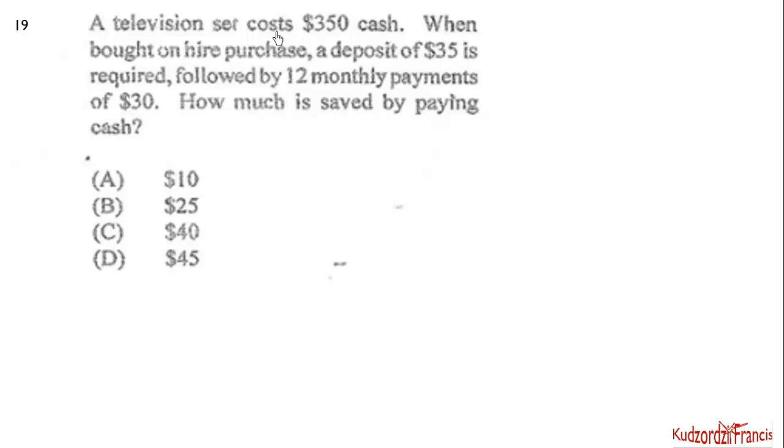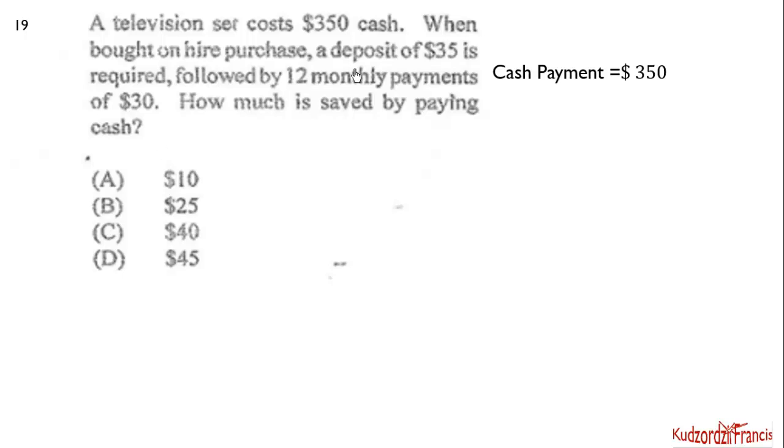A television set cost $350 cash. When bought on hire purchase, a deposit of $35 is required, followed by 12 monthly payments of $30. How much is saved by paying cash? So this one too, we are familiar with it.